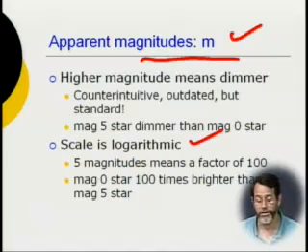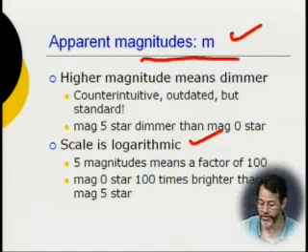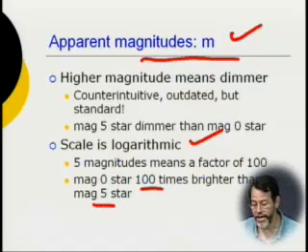So you can have a 0 magnitude object that is really bright, and that would be 100 times brighter than a magnitude 5 star. So, logarithmic. There's no easy way to explain that other than it's a condensed scale. Our eyes and our ears can detect things that are really faint, and it's not like regular units where something that appears to us to be twice as bright is actually twice as bright; it's many times brighter.